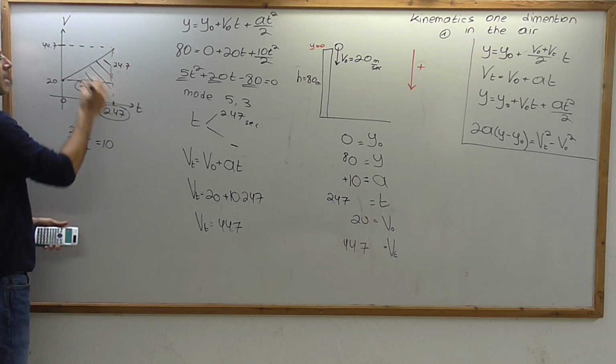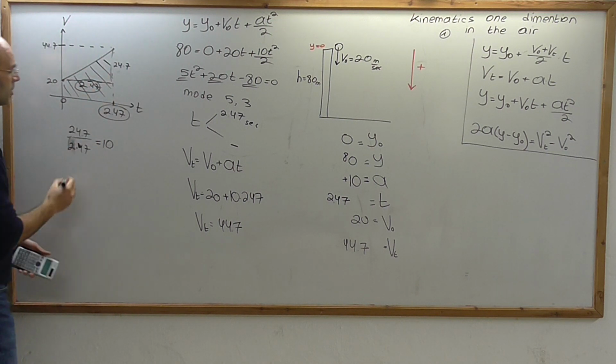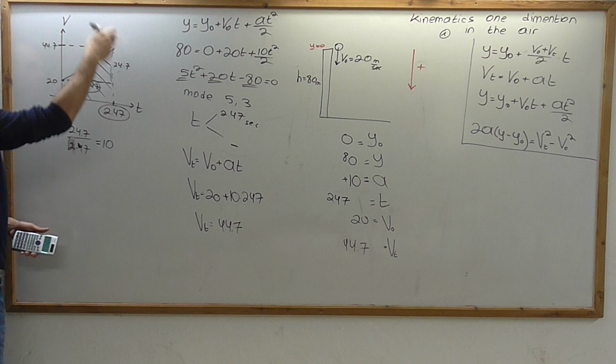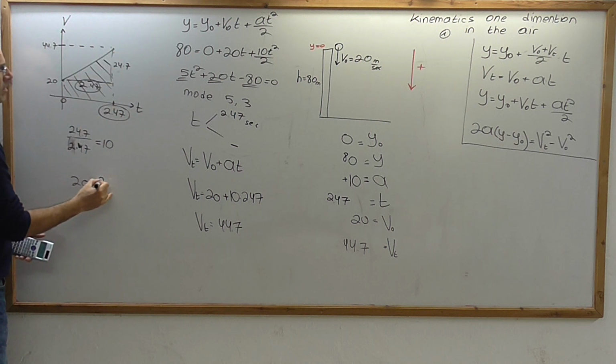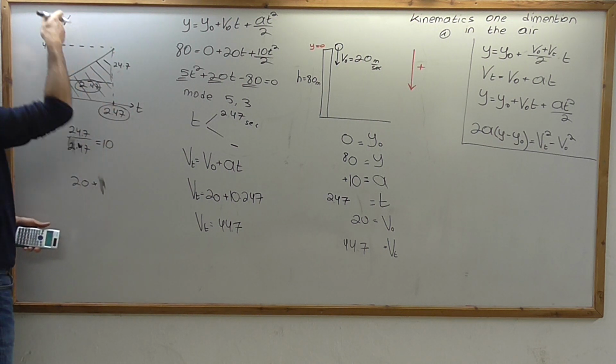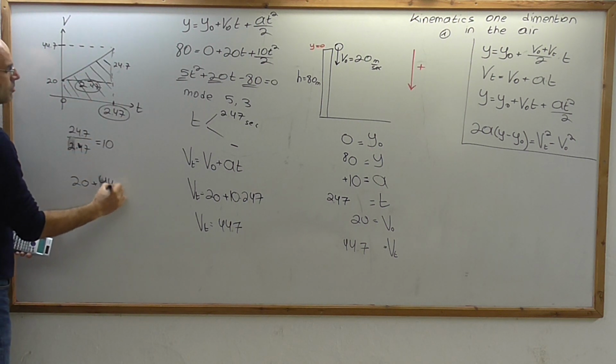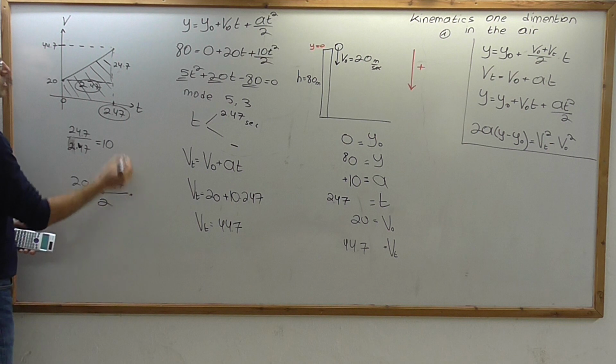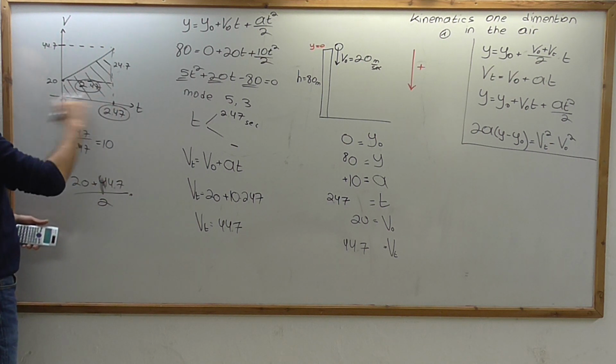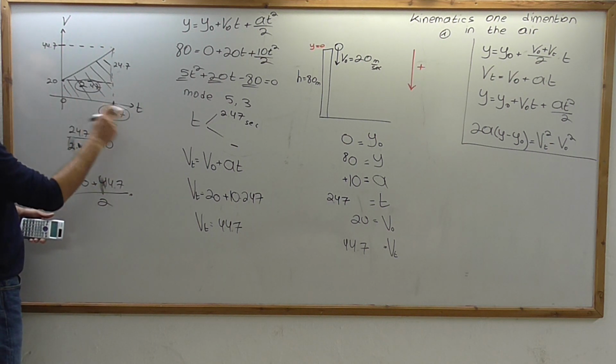If we calculate the area, it's a trapezoid. Let's calculate it. Sum of bases, 20 plus 44.7, divided by 2, multiplied by the height, which is 2.47.